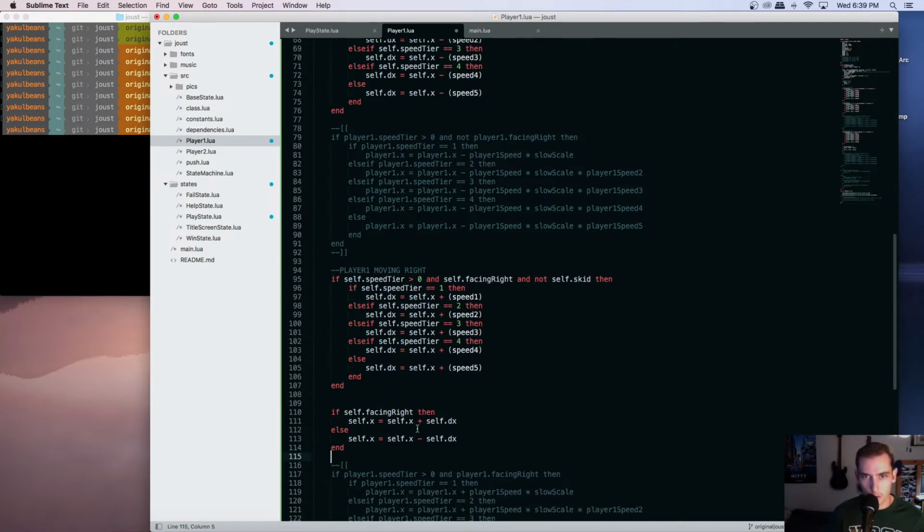Okay. So now I'm making sure when I'm moving right, I'm doing the right dx adjustment. I guess, yeah. See, so velocity shouldn't be tied to its current x position. It should just be whatever its change in x position is. So that might help.